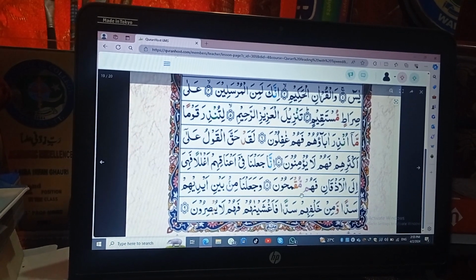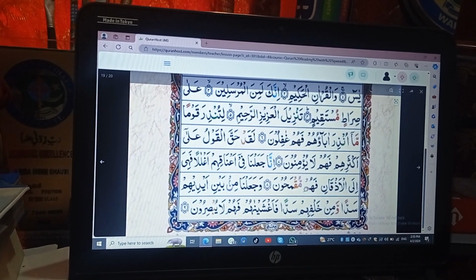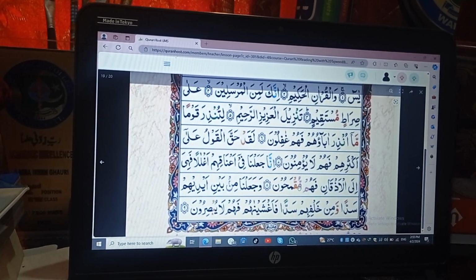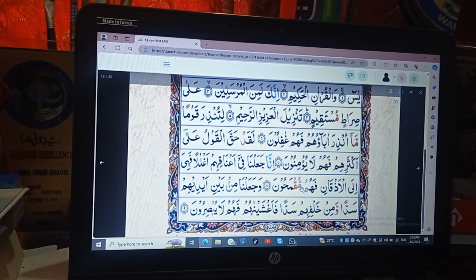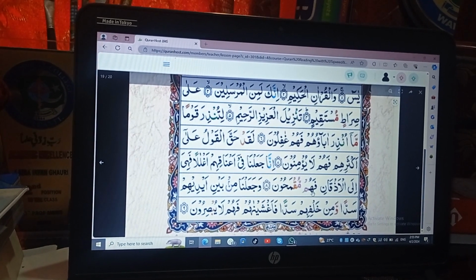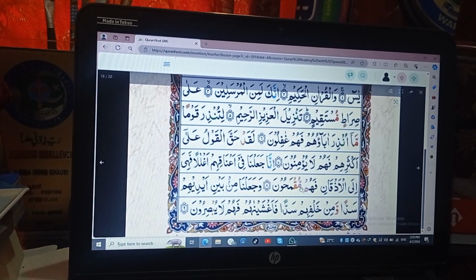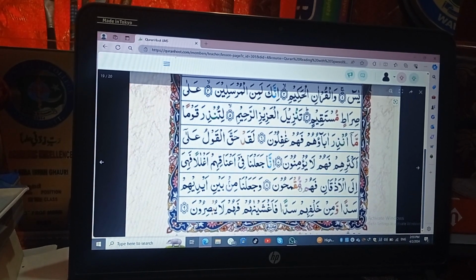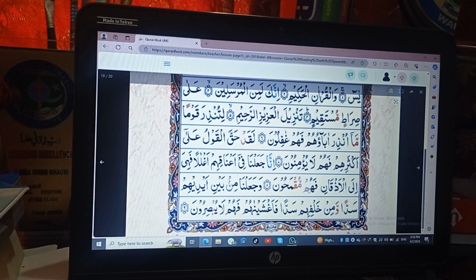Now here I have to follow the rule of idgham shafawi. So in this rule I have to simply follow the rule of combination. That is, I have to read the letter meem with the previous letter ha, and one time with its own sound. So by doing this I am following the rule of tashdeed here.